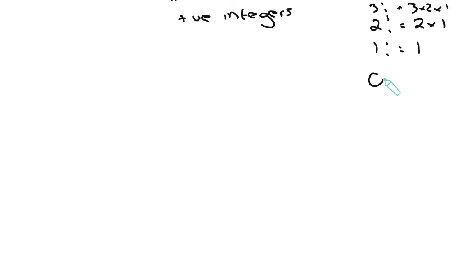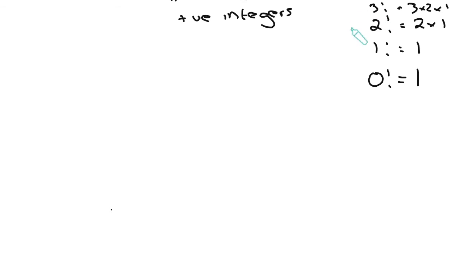So what do you think 0 factorial means? You'd have a little think about that. It sort of doesn't fit the definition of a factorial, but we do say that 0 factorial equals 1. By convention, we say that 0 factorial is 1.